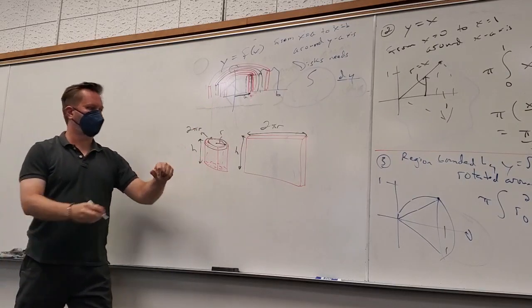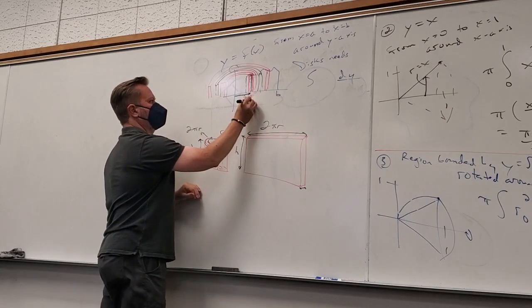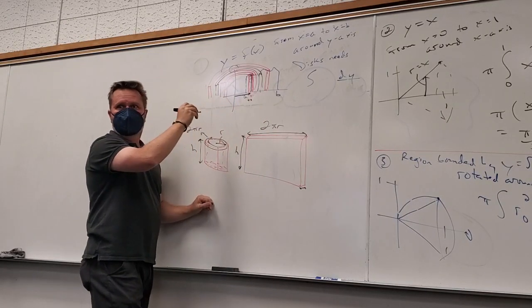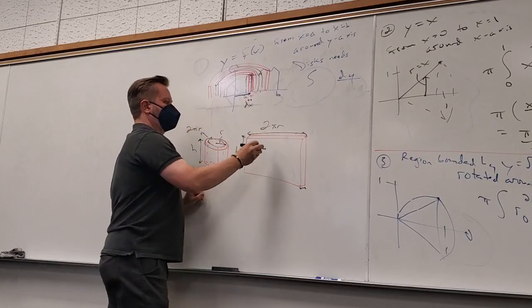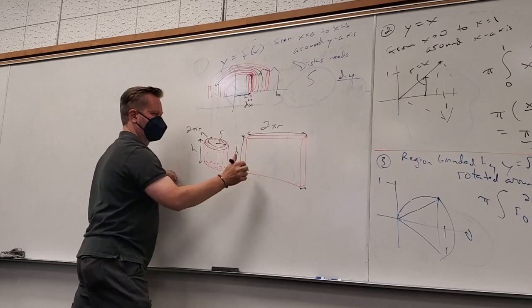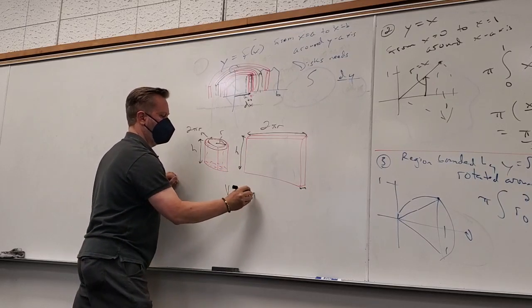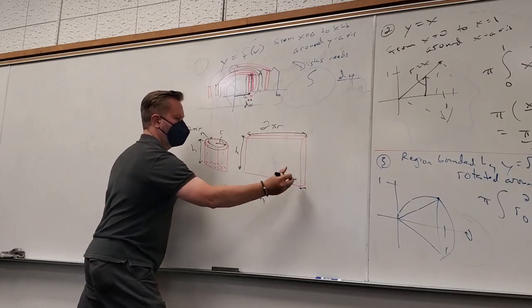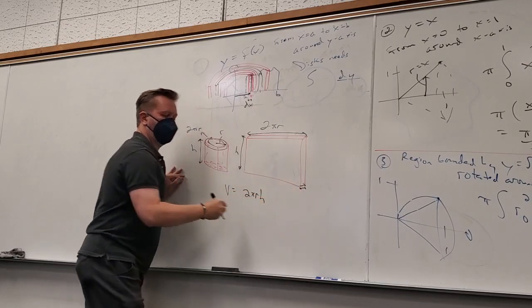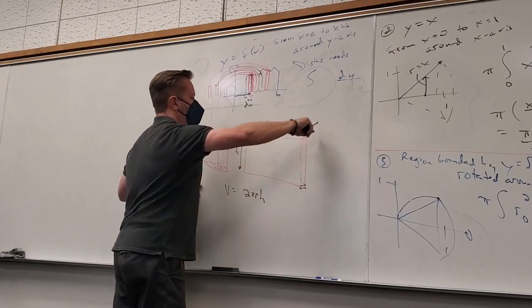What did I say earlier? How wide is that rectangle going to be? dx. So what is the area of this rectangle? 2 pi r h. And to get the volume, I just multiply by the width, isn't volume length times width times depth?